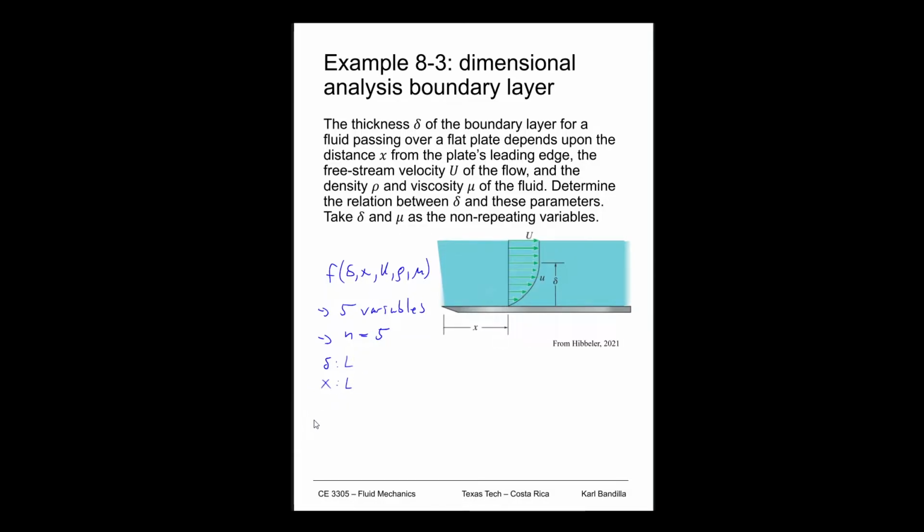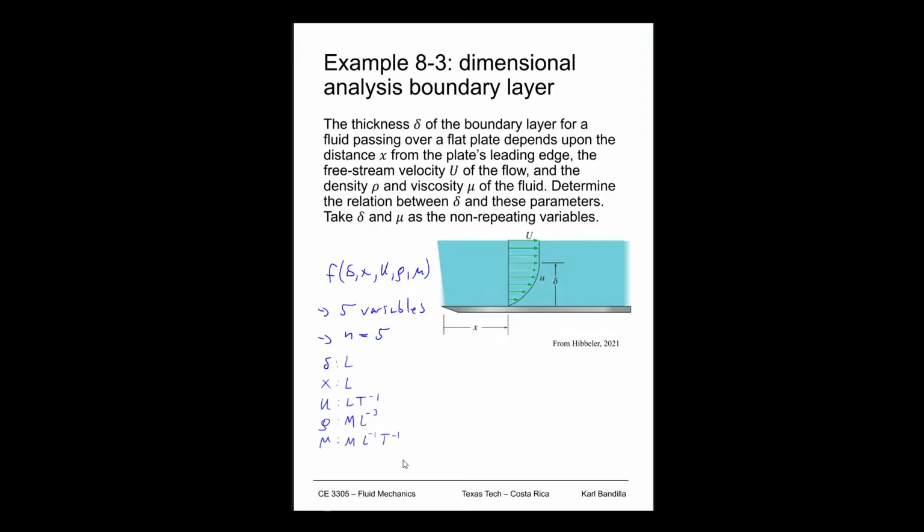U is a velocity, so that would be length over time. Rho is our density, mass per volume, so M L to the minus 3. And lastly we have mu, the viscosity, which is mass times length to the minus 1, T to the minus 1.